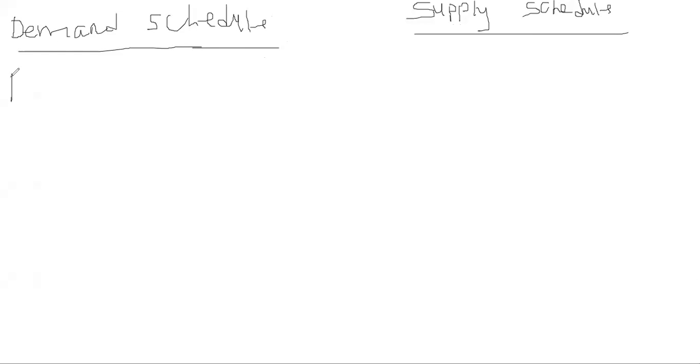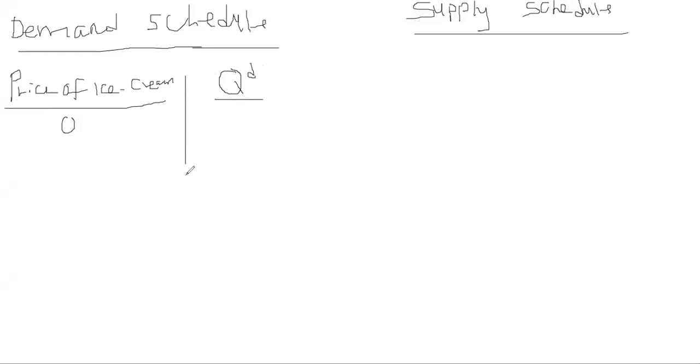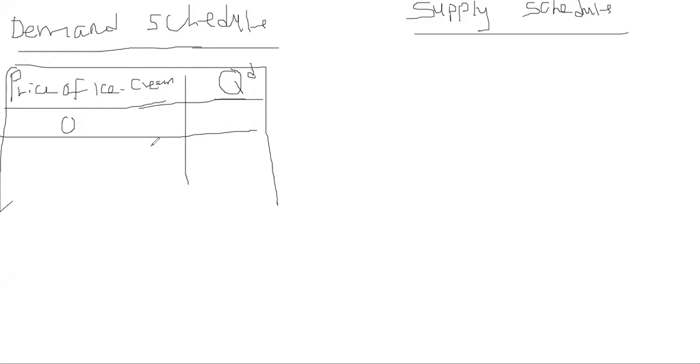We have the price of ice cream, and this is the quantity that the market demands. At a price of 0, the quantity demanded is 22; at 50 butut, we have 19; here we have 16.